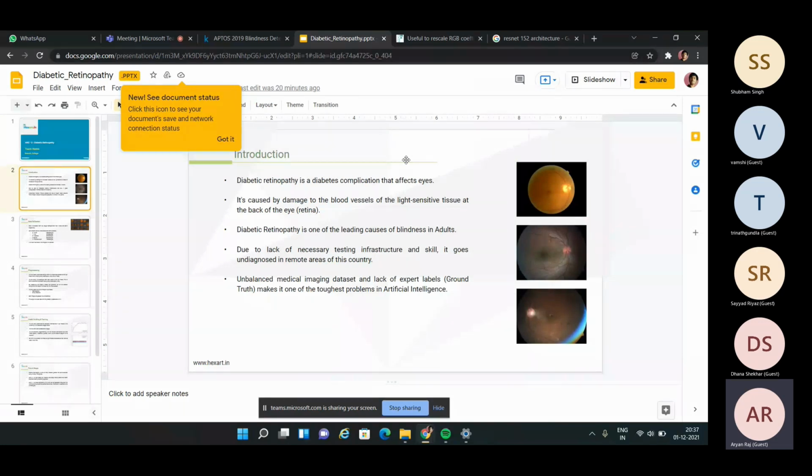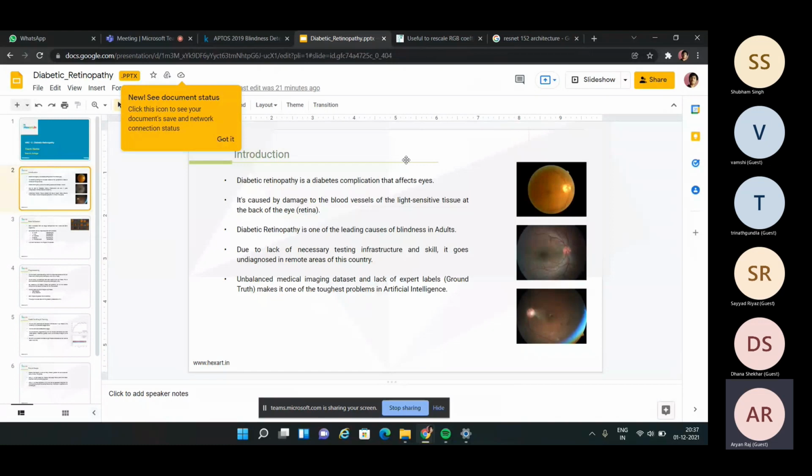We never know whether we have diabetic retinopathy or not. Any diabetic patient can have this disease. Due to lack of proper technology, we can't detect this disease. If we see the images in our slide, we cannot predict which is disease affected or not.